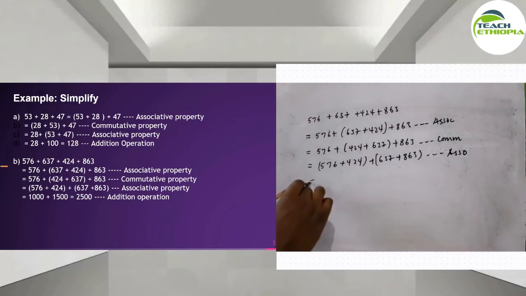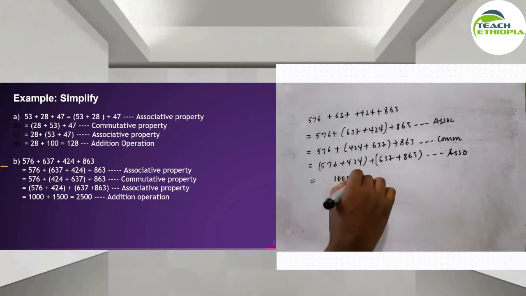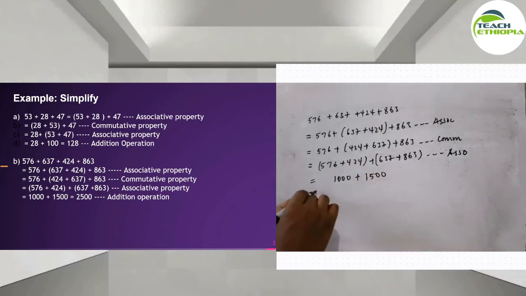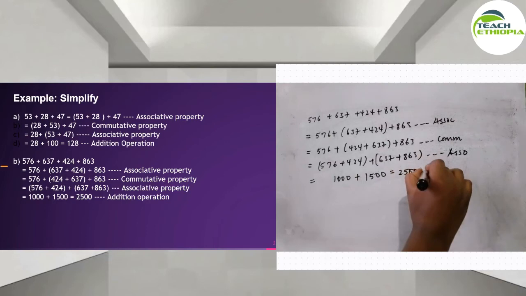Then ይሄንን ስንደምረው it's going to be 1000 plus this is going to be 1500. Then this can be added as going to be 2500 ይሆናል. This is addition operation.